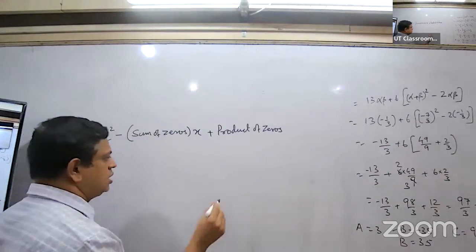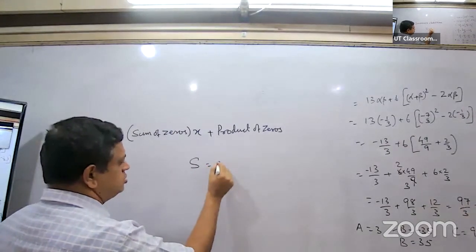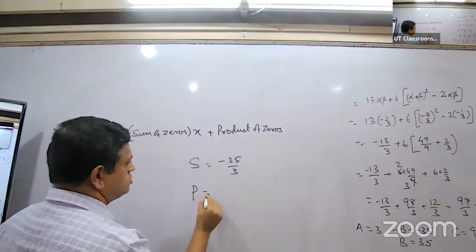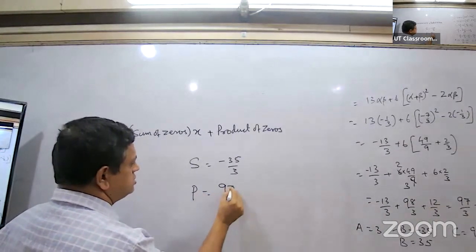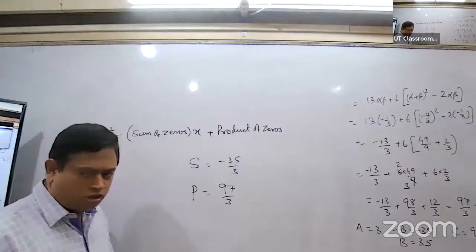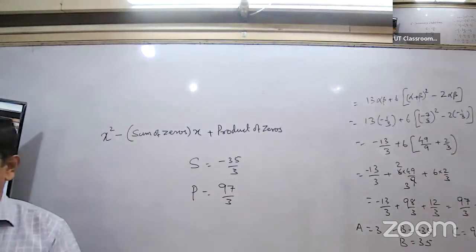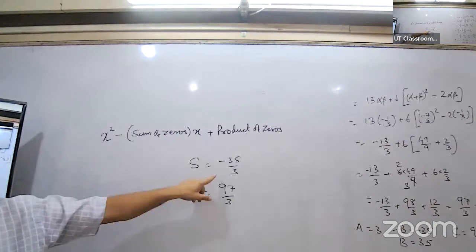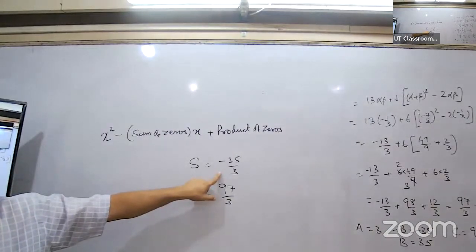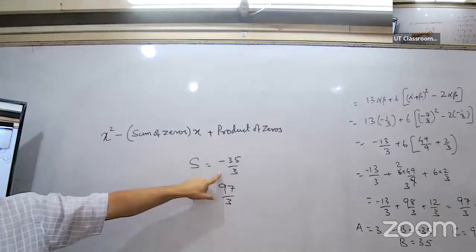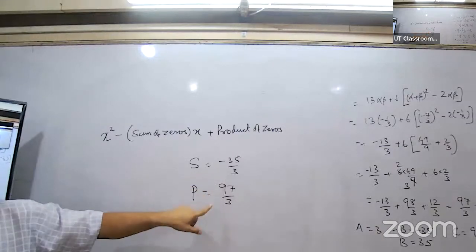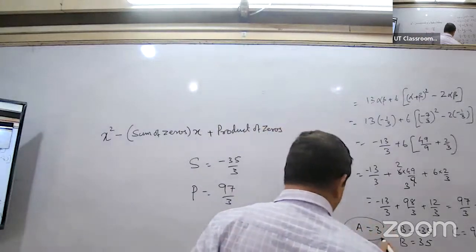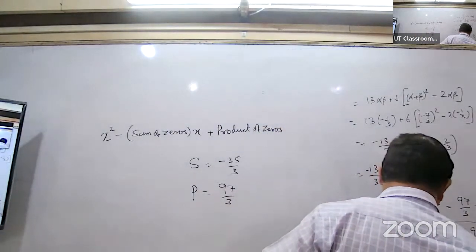In the previous question I had given the sum of zeros as minus 35 by 3 and the product of zeros as 97 by 3. How did you frame the quadratic polynomial? We took this equal to minus b by a, and this as c by a, and you got the values of a, b and c and your polynomial.